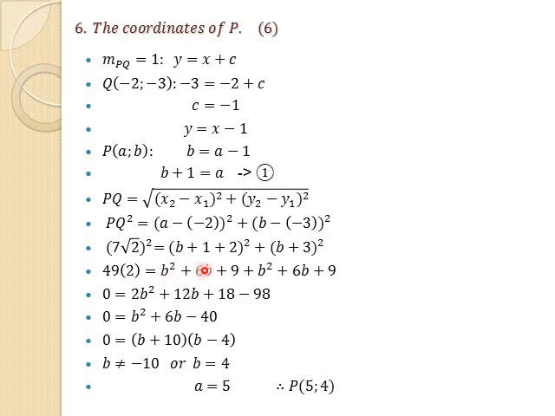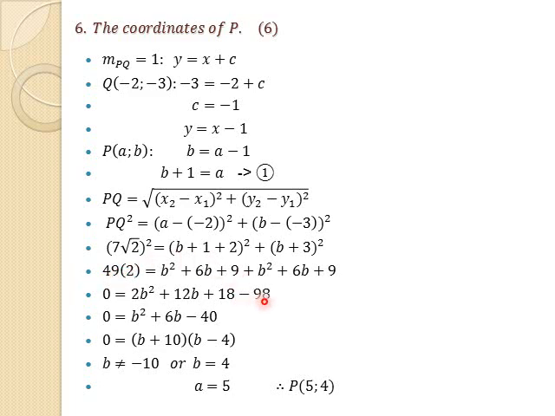So p squared plus 6p plus 9 plus p squared plus 6p plus 9: p squared plus p squared, 2p squared. 6p plus 6p, 12p, 9 plus 9, 18. 49 times 2 gives me 98.